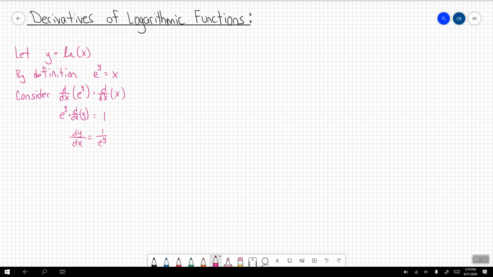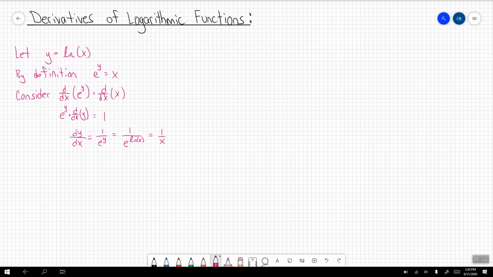Which means when we try to find a derivative for y, we shouldn't have any y's left over. So if we make the resubstitution for what y is, we get 1 divided by e to the power of natural log of x. But if you remember from your natural log properties, e to the power of natural log of x evaluates to just x. Which means we're left with a simplified expression of 1 divided by x.